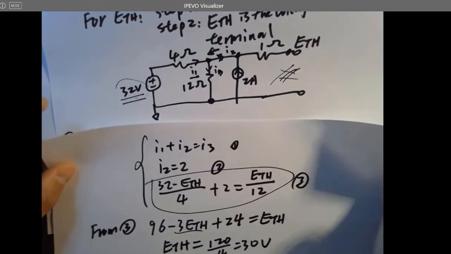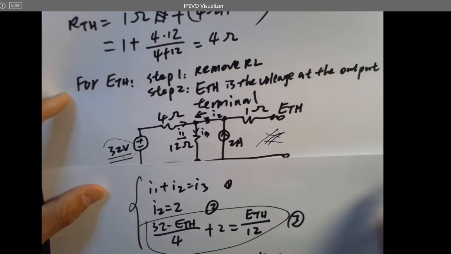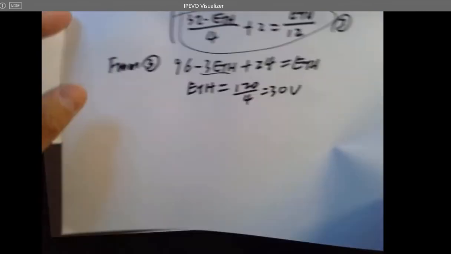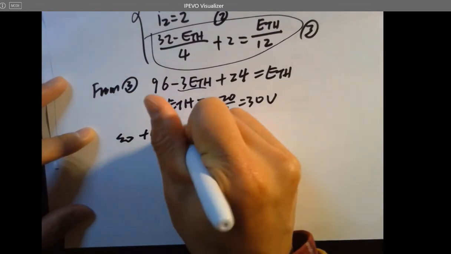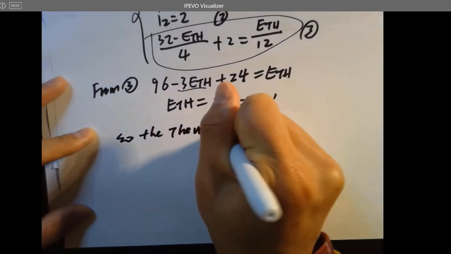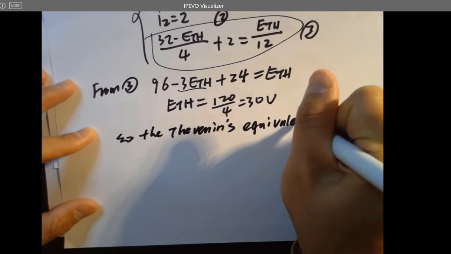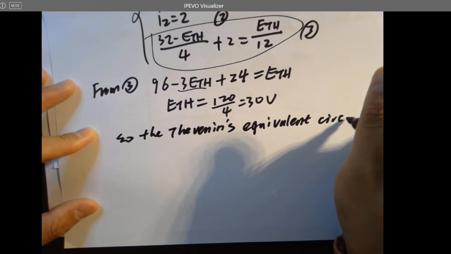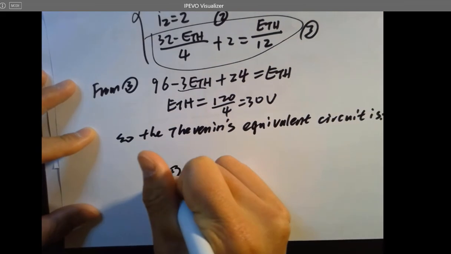Do you really need anything else? Nope, because you already got RTH and you have ETH. So the Thevenin equivalent circuit is this.